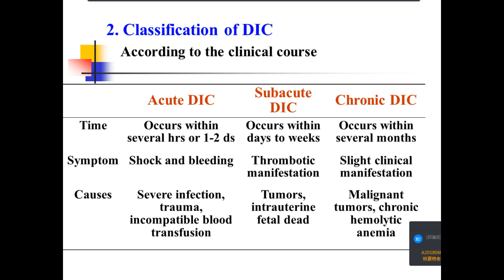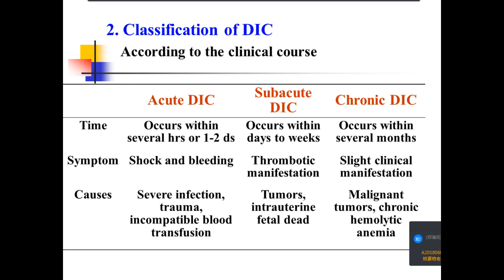The manifestation is not thrombotic, for example, with tumor. Chronic DIC happens very slowly, maybe over several months. Manifestations are slight, for example, with malignant tumor, chronic hemolytic anemia, and such.